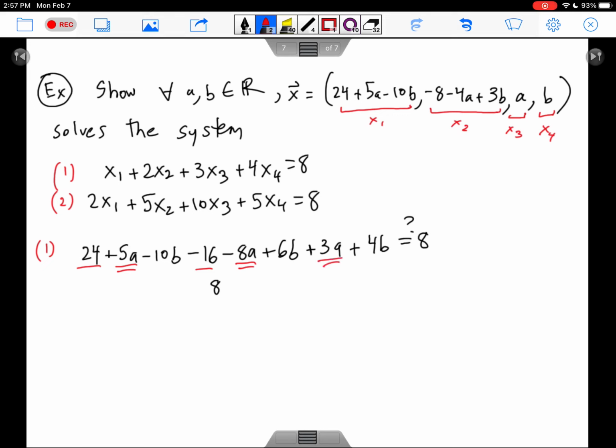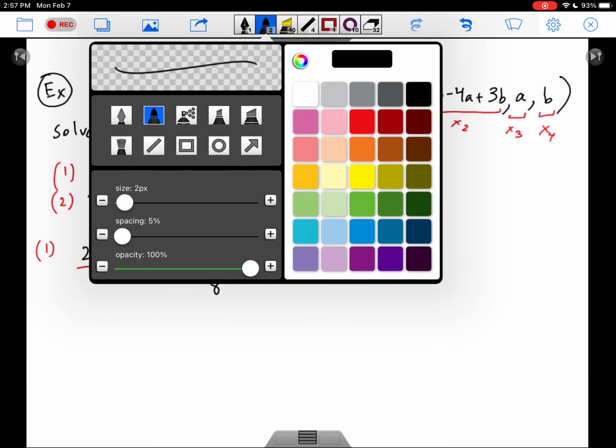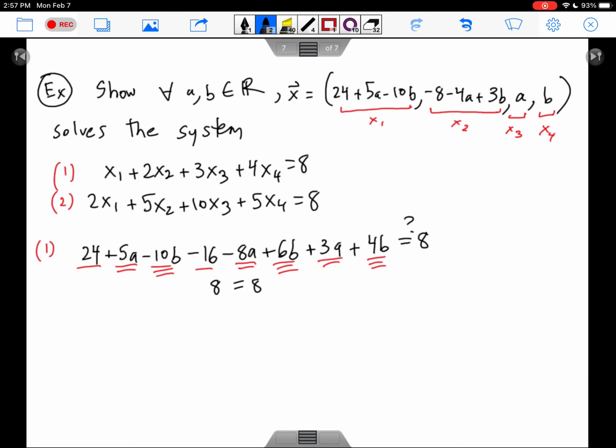So the a's are gone. And now let's look at the b's. We've got negative 10b plus 6b, that's negative 4b, plus 4b, that equals 0. So we get 8 equals 8. So equation 1 works. It is a solution.